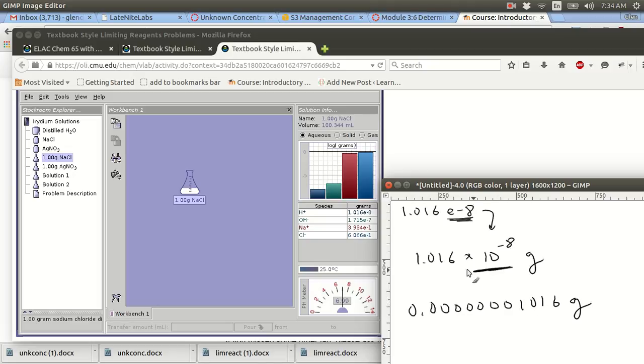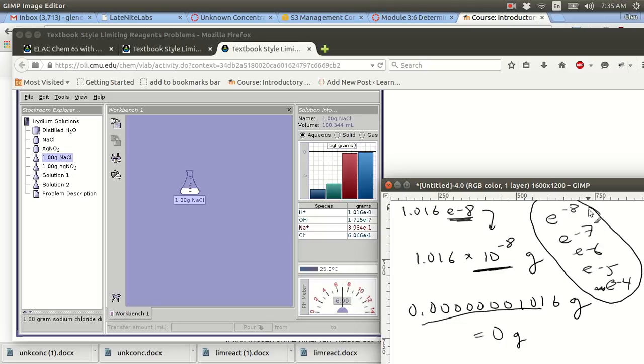In this virtual lab, or in all of the labs that you do using this software, a number like this is just 0. Any number with e to the minus 8, e minus 7, e minus 6, e minus 5, or even e minus 4, any number with this at the end means 0.